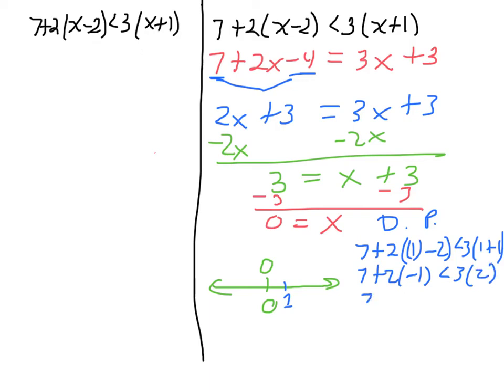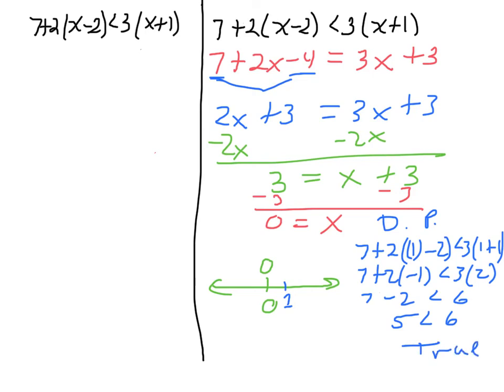This is 7 minus 2 is less than 6. 7 minus 2 is 5, is less than 6. That is true. 5 is less than 6.